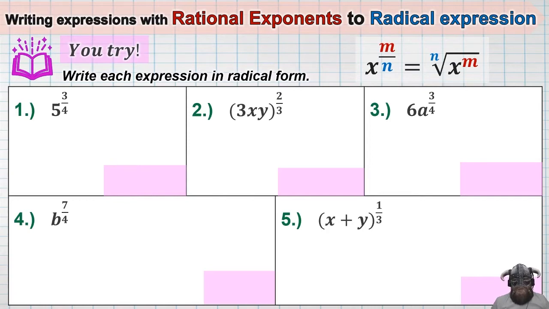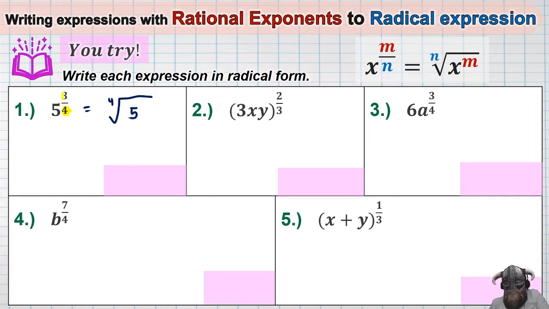So, let's start with number 1. We have the given 5 raised to 3 over 4. So, same process. Copy or write the radical sign. Then, copy 5 as our base. Tapos, lagay natin yung denominator na 4 as our index.